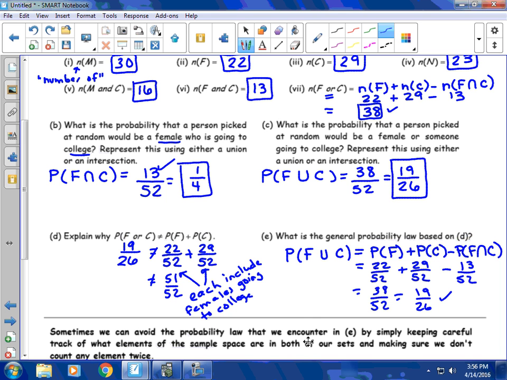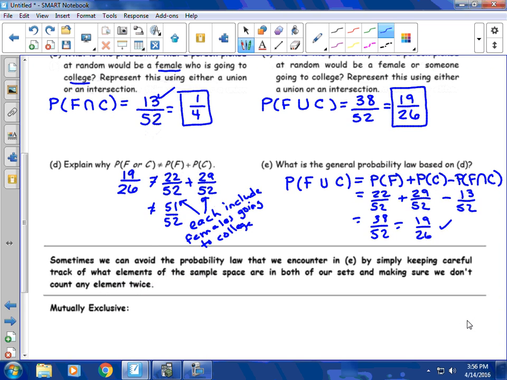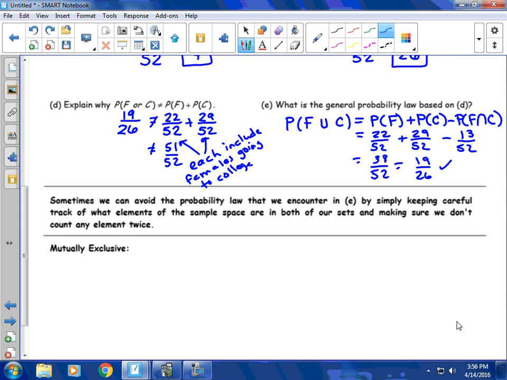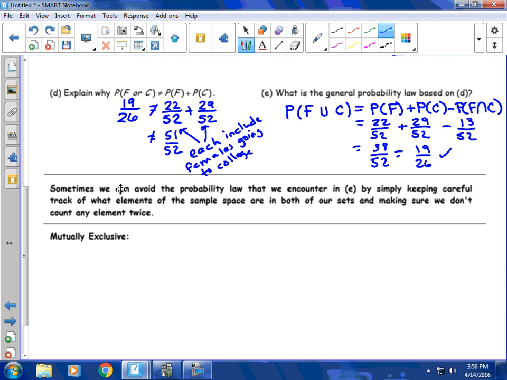Okay. Now there are some times when it seems like we don't need to subtract off this intersection. That's what this next thing says. Let me read this first. Sometimes we can avoid the probability law that we encounter in E by simply keeping careful track of what elements of the sample space are in both of our sets and making sure we don't count them twice.